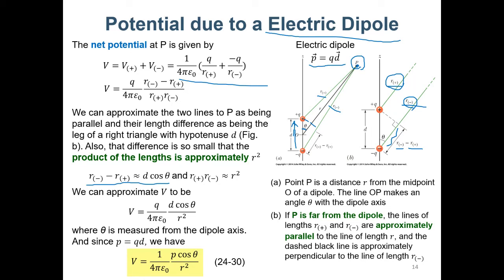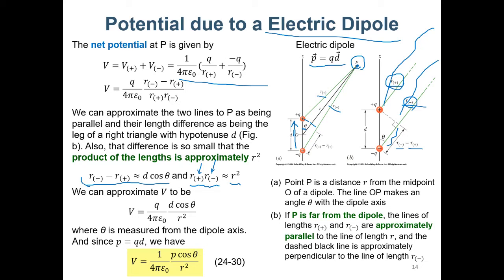And also r plus times r minus should be r squared. We assume that they are very close, and because this point is infinitely far away, the whole term should be approximately the same, which is r.